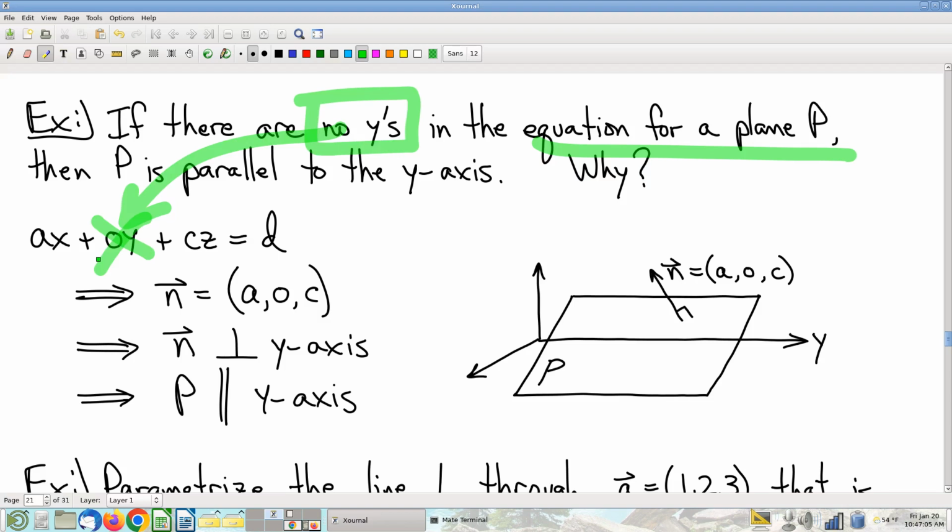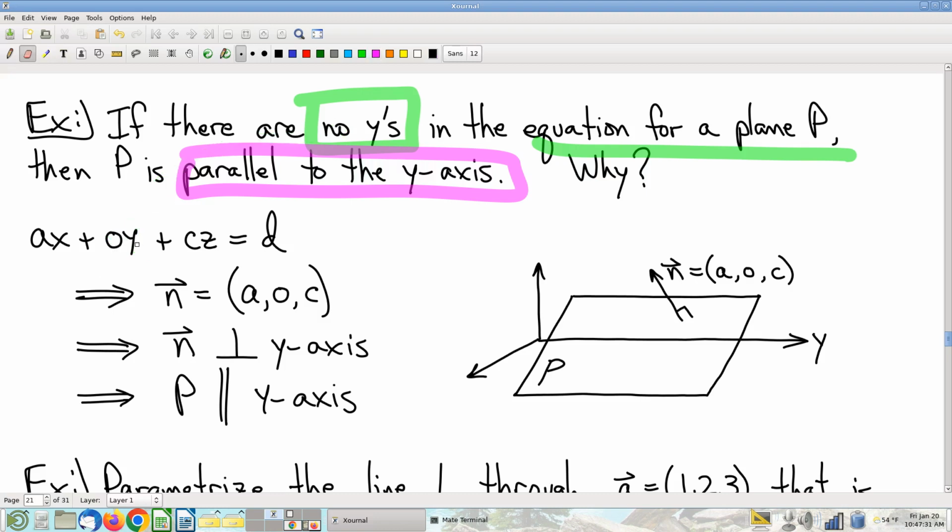I mean, how strange. There's an equation involving x, y, and z, except there's no y's present. What does that mean? Geometrically, what does that look like? Is the question that I want to entertain. I claim the answer is that plane is parallel to the y-axis. If there's no y's in the equation for a plane, that plane is parallel to the y-axis.